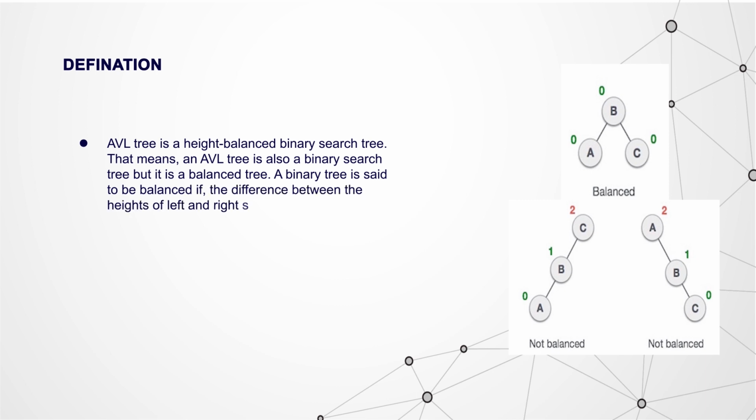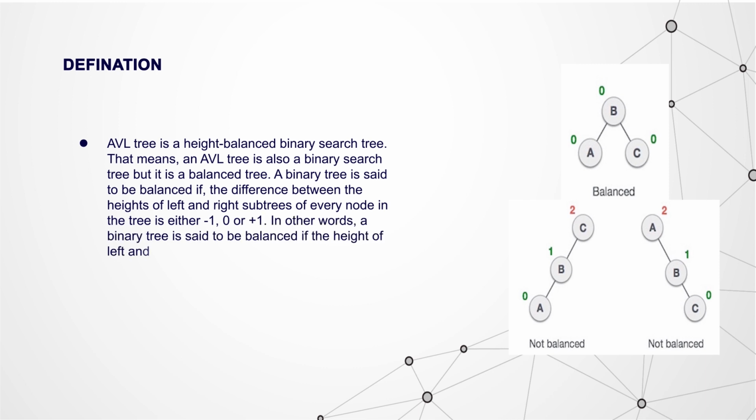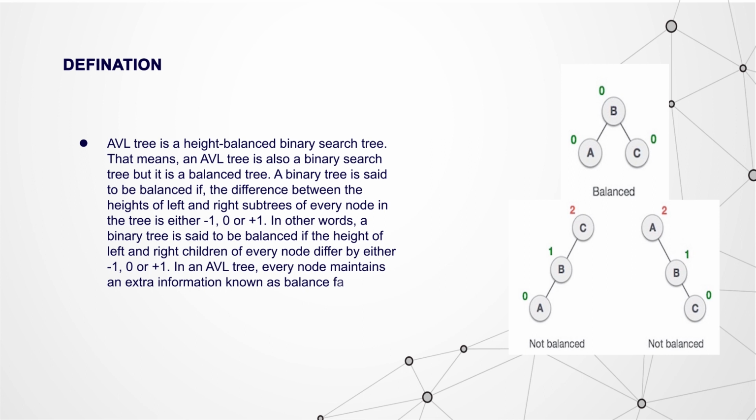A binary tree is said to be balanced if the difference between the heights of the left and the right subtree of each and every node in the tree is either -1, 0 or +1.